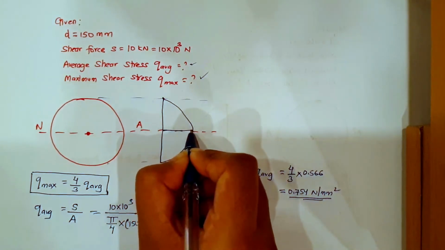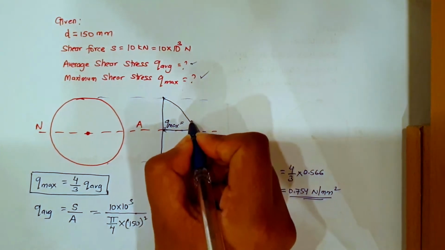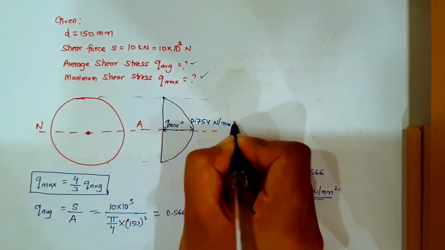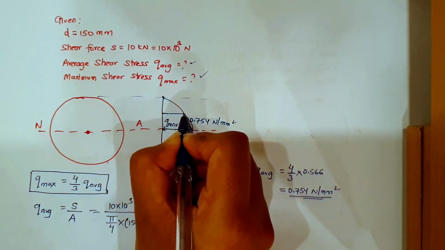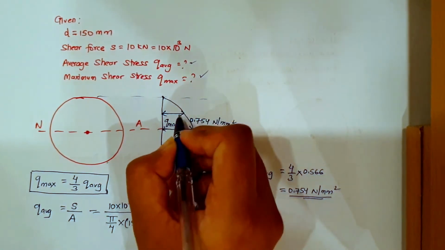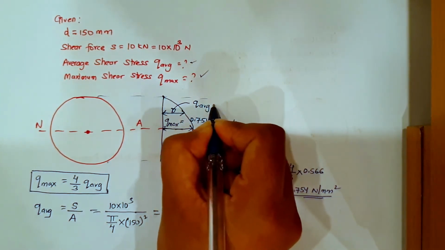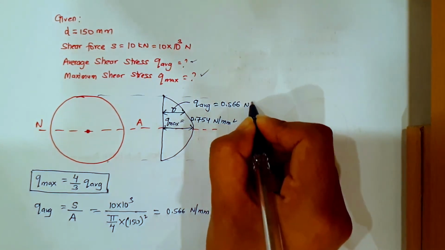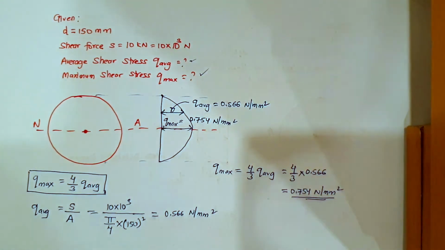So here you have Q max equals to 0.754 Newton per mm square, and the Q average will lie somewhere around this section. Here you have Q average equals to 0.566 Newton per mm square. So this is it for this numerical also. I hope it is clear.